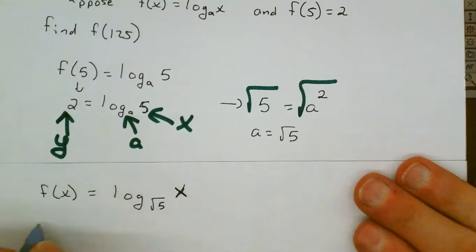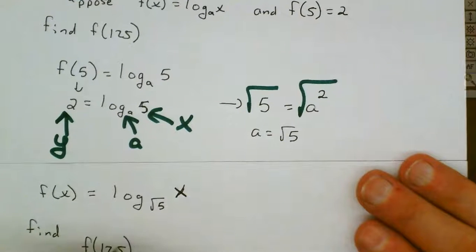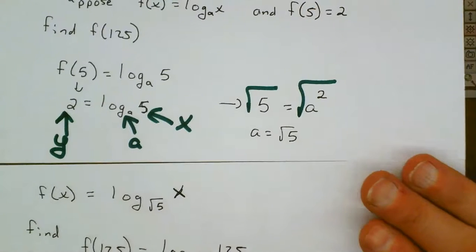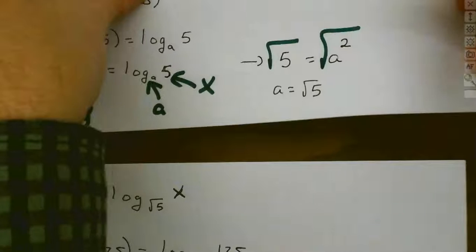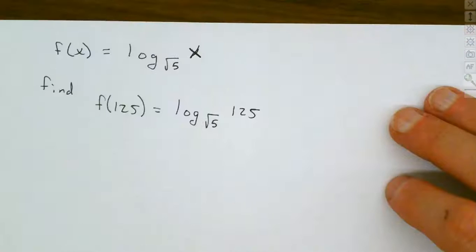We want to find f of 125. And that would be log base square root of 5 of 125. Let me move this up so we can keep track of what we're looking at here. Sorry about that.